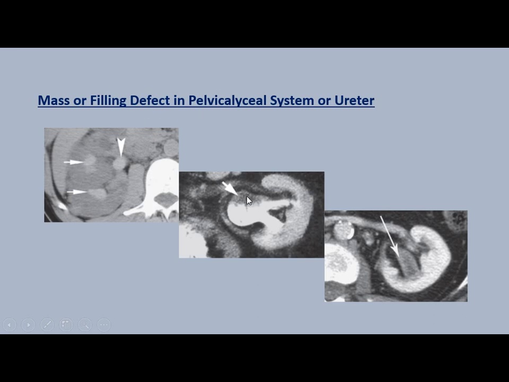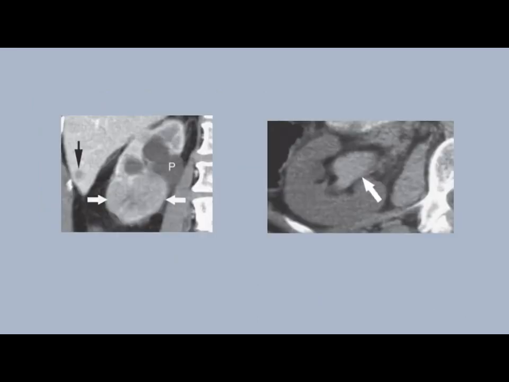This points to the transitional cell carcinoma, which is a soft tissue tumor, also appearing as a filling defect. And this one points to increased pelvis wall thickness because it is diffuse transitional cell carcinoma.